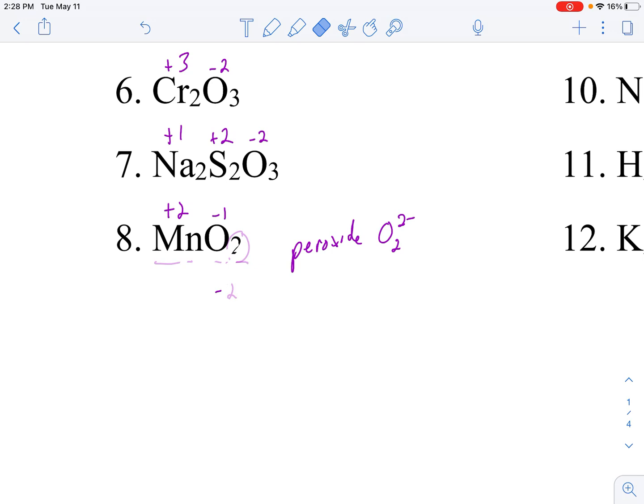So that's one option. However, you don't know if this is a peroxide or not because manganese can have a different charge. It doesn't necessarily have to be +2 in this case. So I could call this a non-peroxide. If it was a non-peroxide, MnO2, each oxygen would be -2, so a total of -4, meaning manganese would be a +4. In this case, either option would be correct. You could give me either answer, doesn't matter.